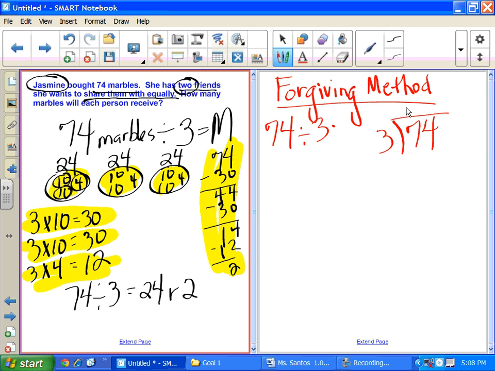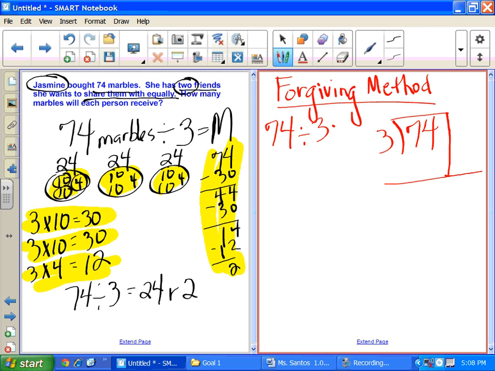So let's take a look at this. First thing we're going to do is make sure we have this written correctly, and remember it's kind of weird because we kind of reverse these numbers when we put them underneath the bracket. So 74 divided by 3. Now we're going to draw a little line beside it, down, and then draw a line like this, almost like a box.